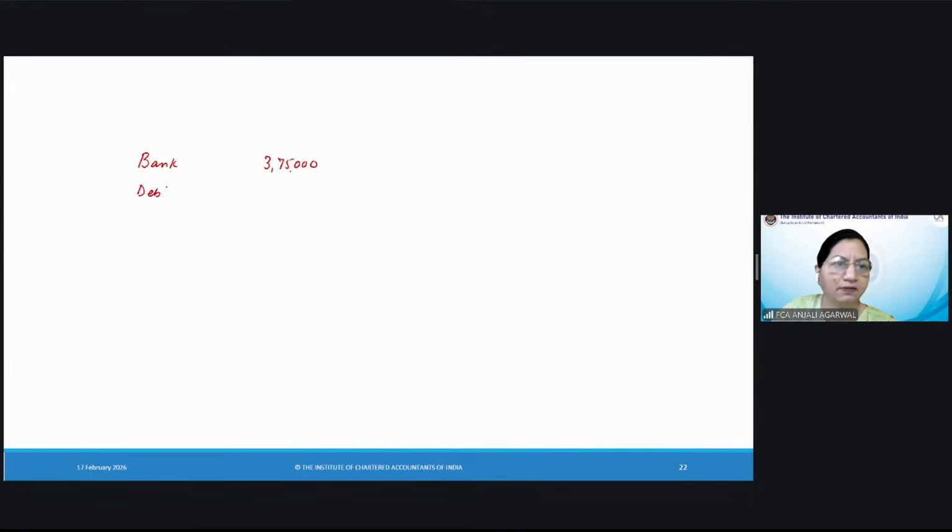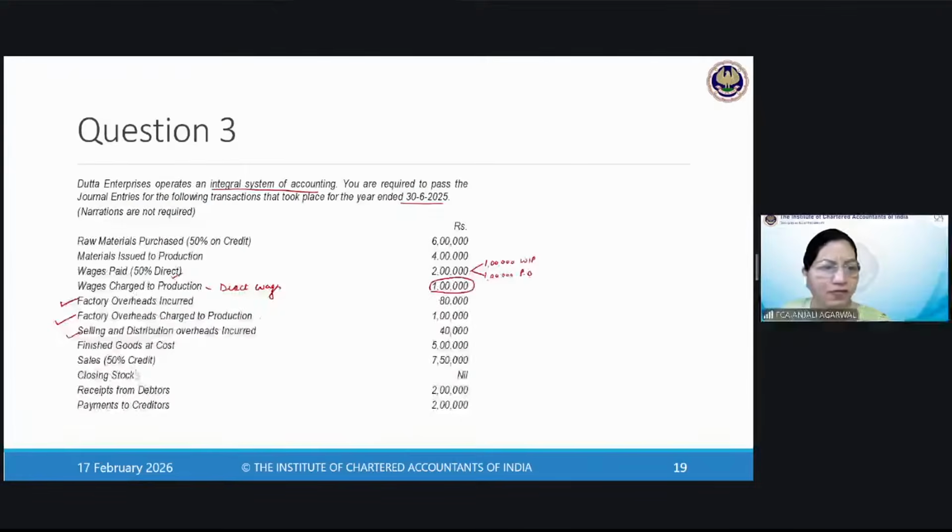Debtors debit 3,75,000 and to sales 7,50,000. Bank debit, bank to sales and debtors to sales. 50% is credit. There is no closing stock.